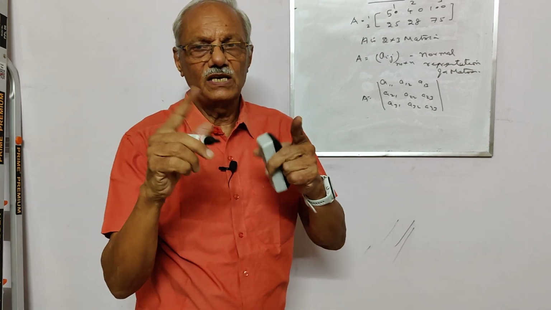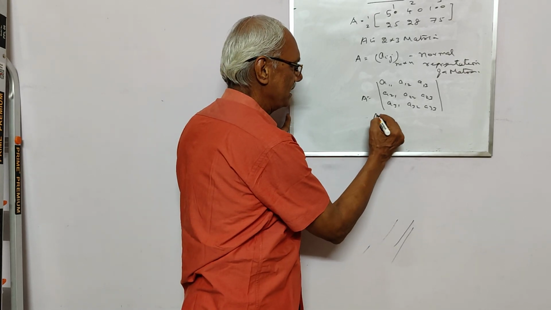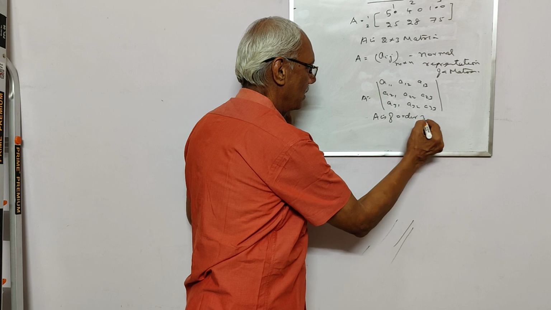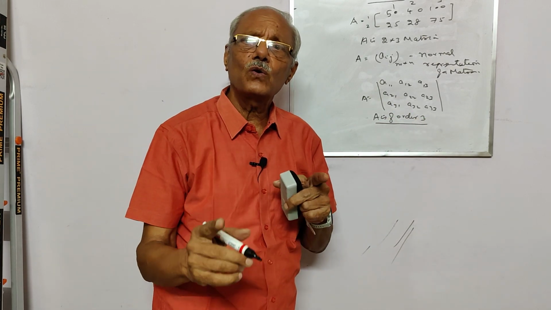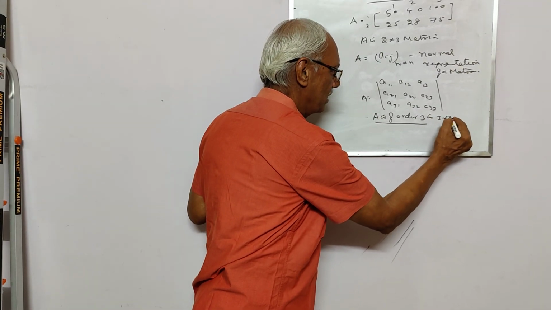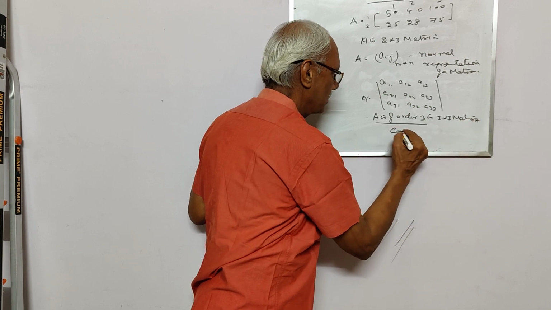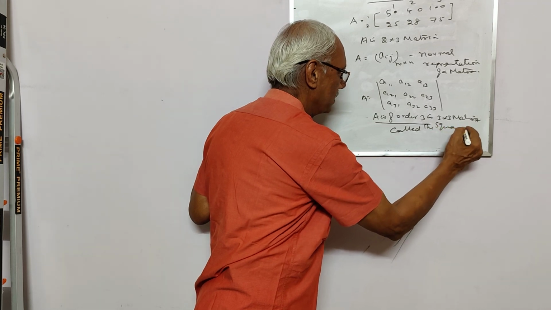There are 3 rows and 3 columns. We say that A is of order 3, that is, it is a 3 cross 3 matrix, and that is called the square matrix.